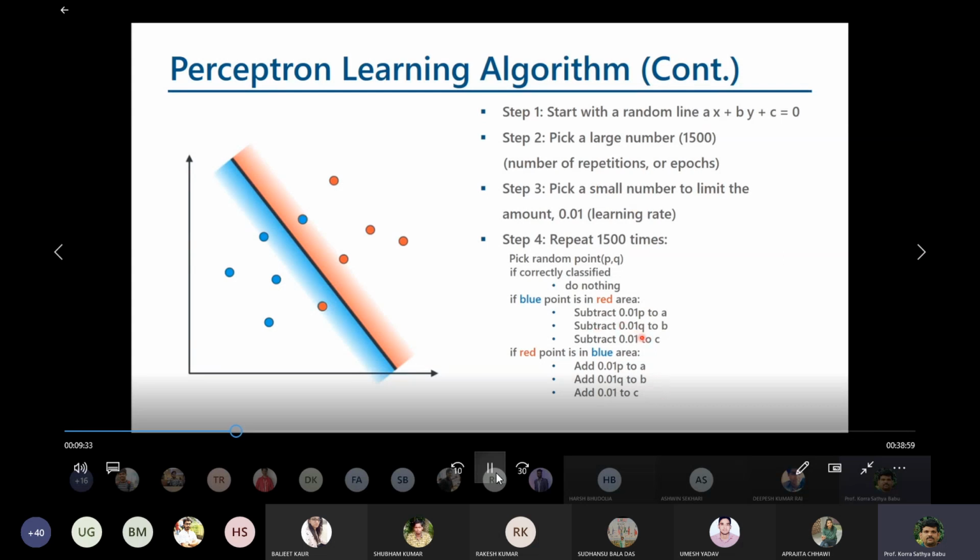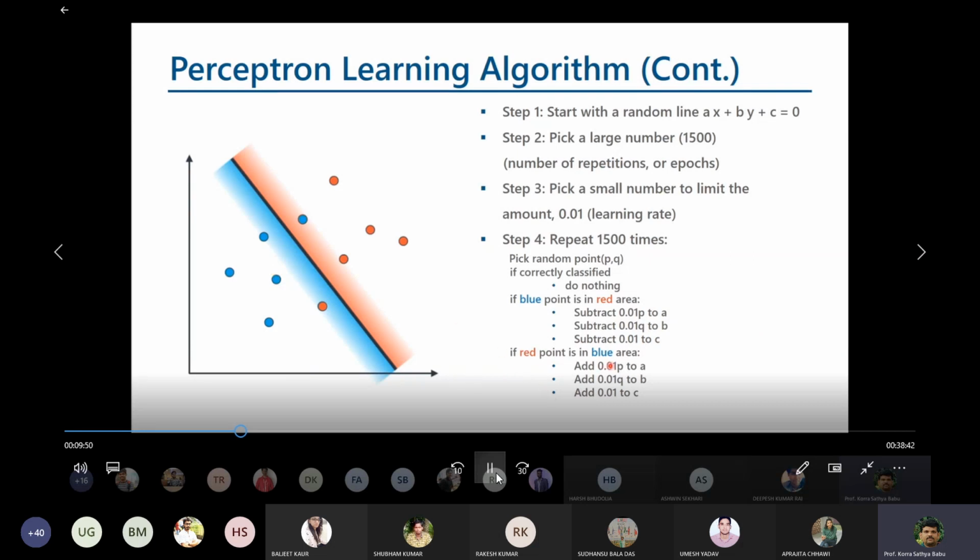Likewise, subtract the learning rate times Q from B, and subtract the learning rate from C.